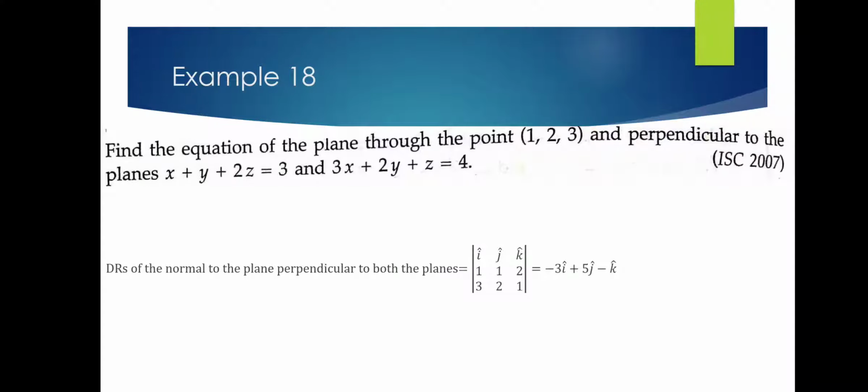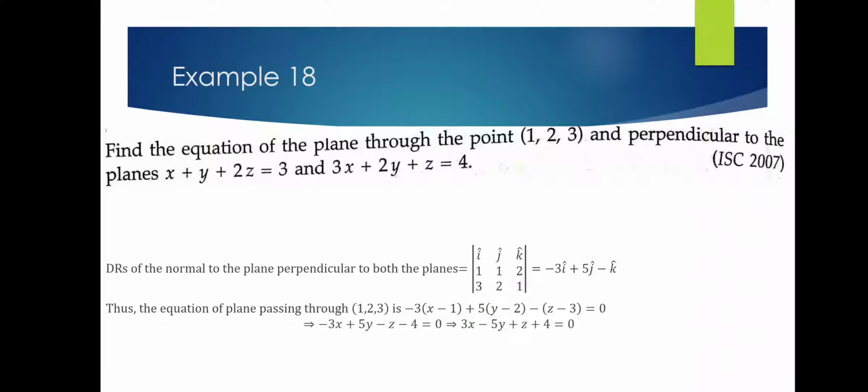The cross product gives me a vector perpendicular to both vectors. So this is the direction ratio of the plane I am trying to find. Now I know one of the points, 1, 2, 3, so the equation of the plane becomes this. Always remember, whenever you are trying to find anything perpendicular to two vectors, always take their cross product.